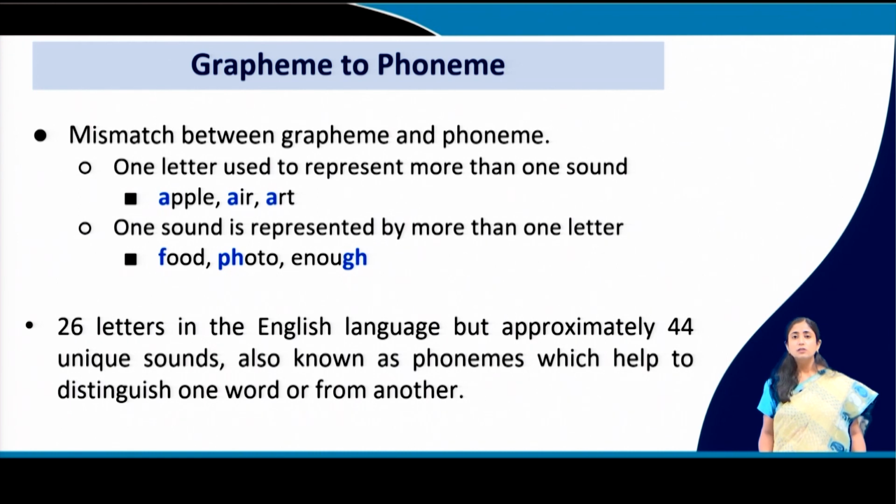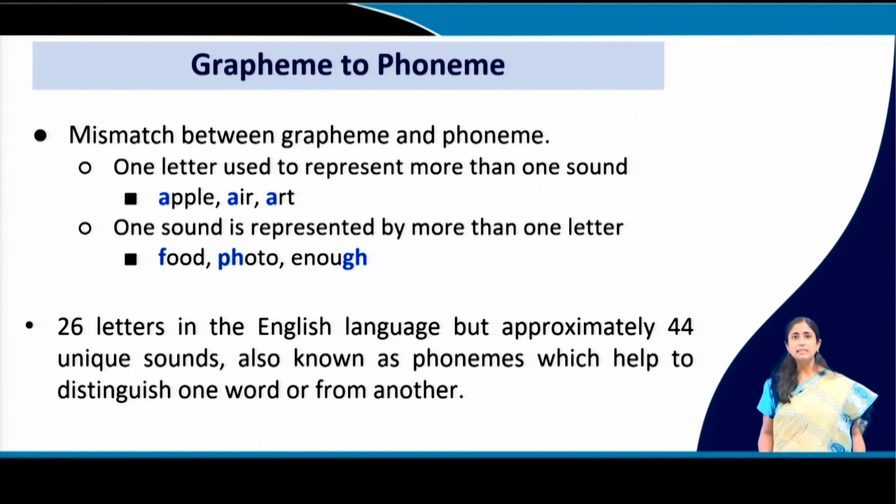In my previous class I have already talked about different vowels, so I am sure you can easily understand that all these three vowel sounds are different, though they are represented by the same alphabet A. But when we concentrate on the sound, we can understand that the sounds are different for all these three words. So, this shows us that one letter can be used to represent more than one sound.